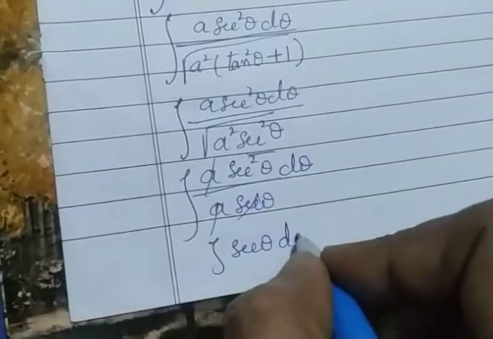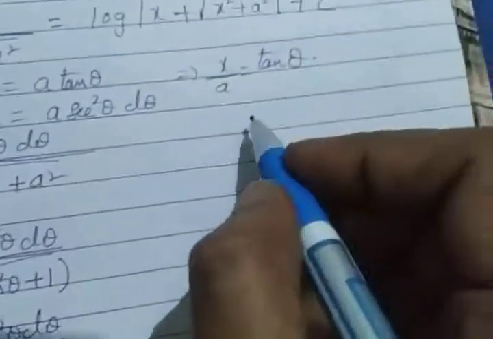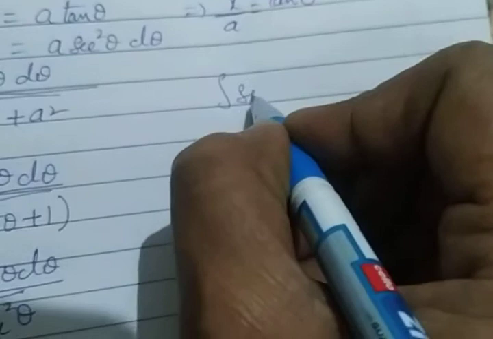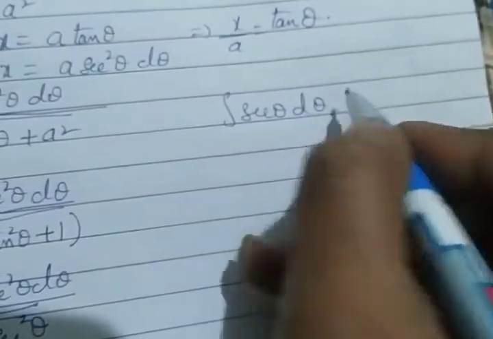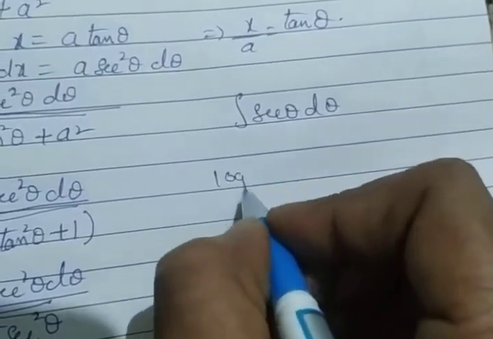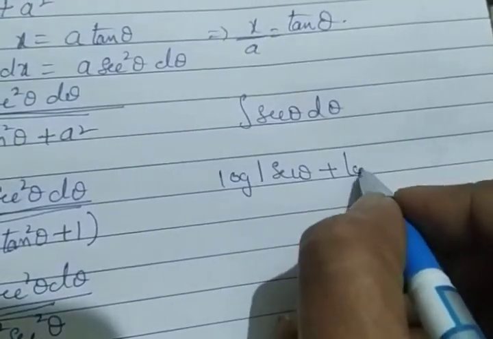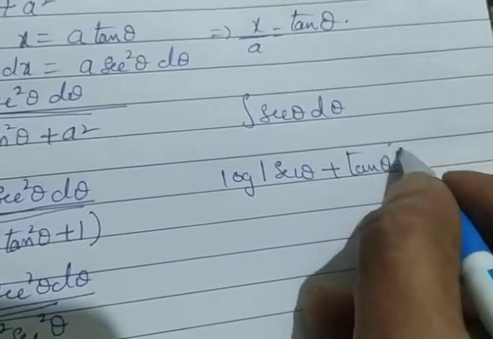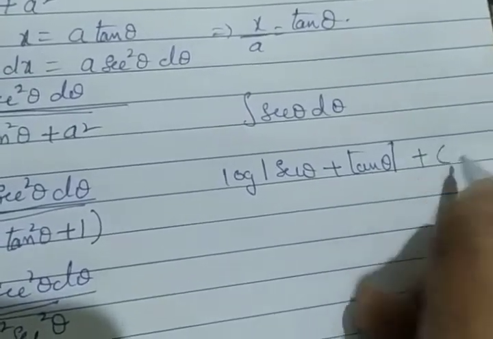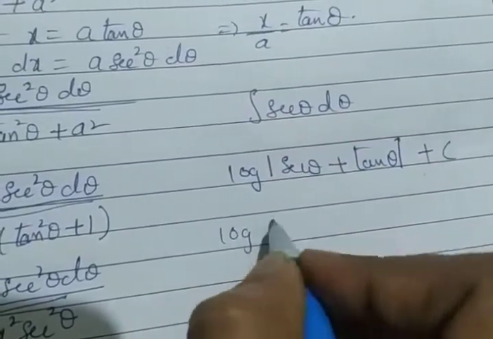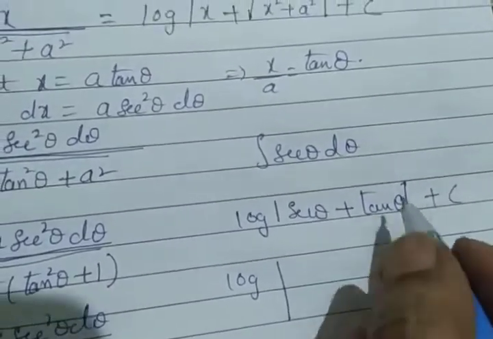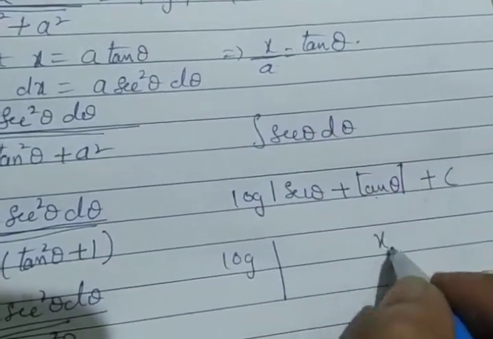Integral of secant theta d theta, which is log of secant theta plus tan theta plus c. So tan theta can be written as x by a.